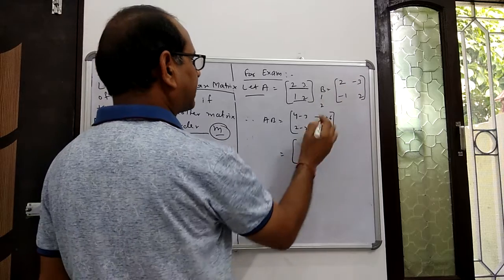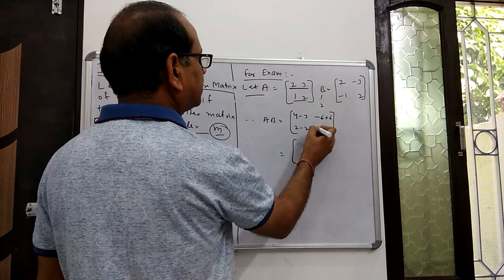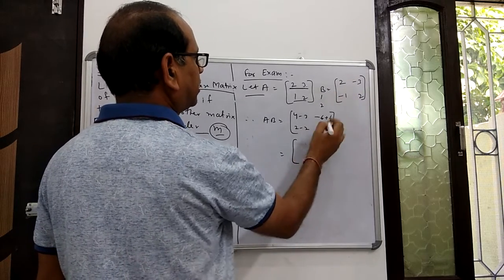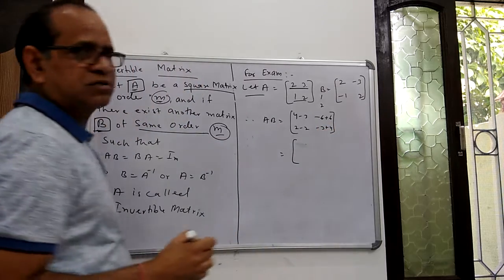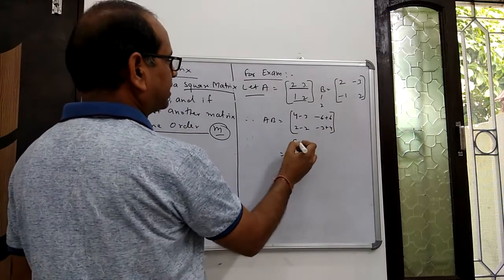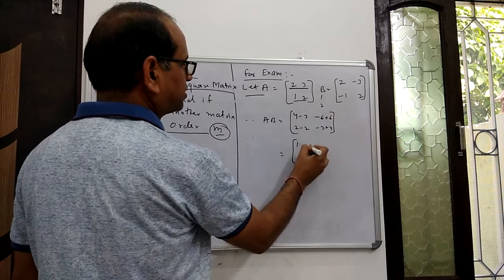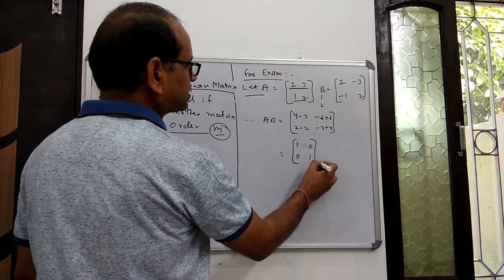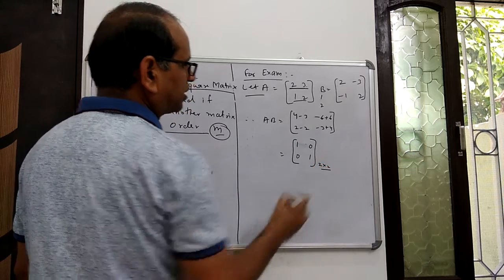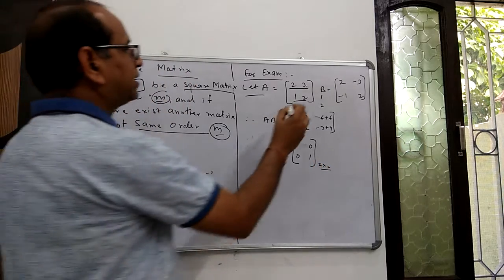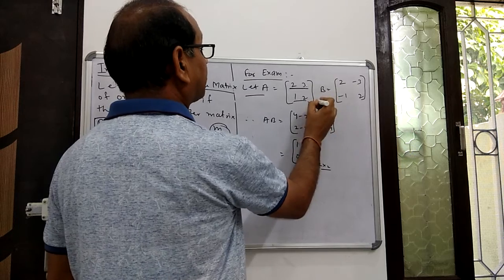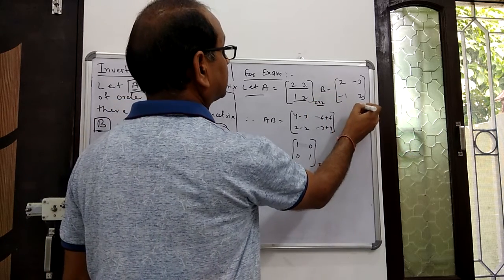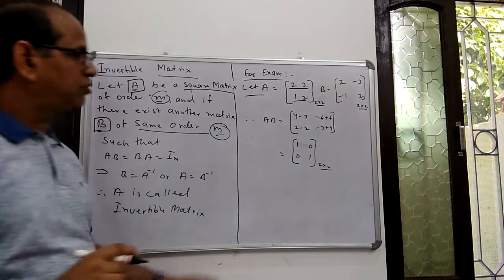Then 1 times minus 3 is minus 3, and 2 into 2 is 4. So it is 4 minus 3, it is 1, this will be 0, this will be 0, and this will be 1. So this is an identity matrix of order 2 by 2. This is also of order 2 by 2 and this is also of order 2 by 2.